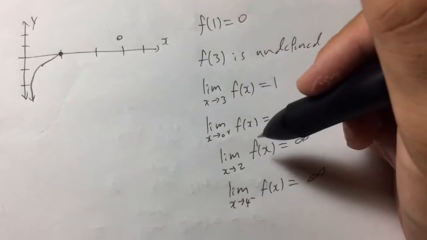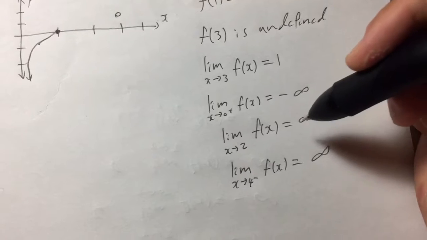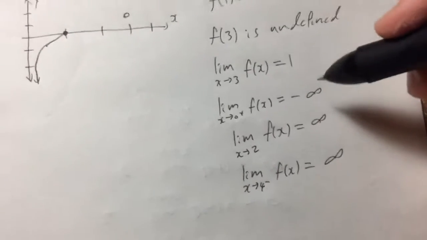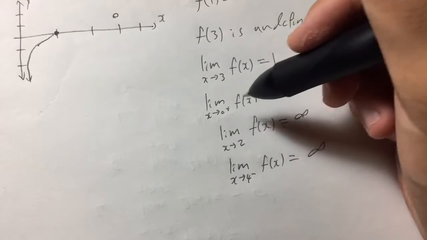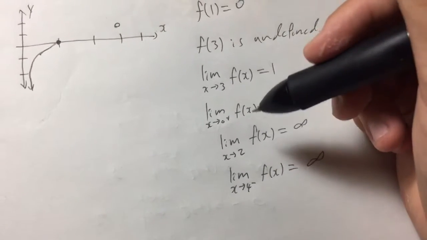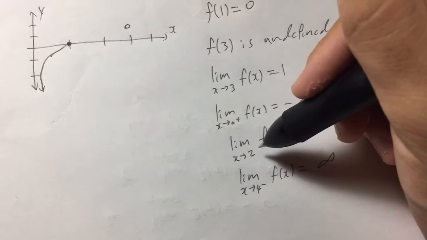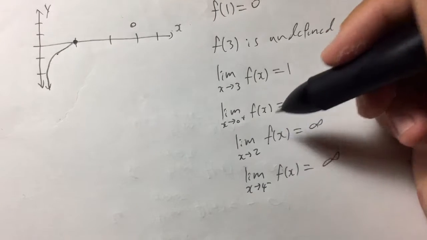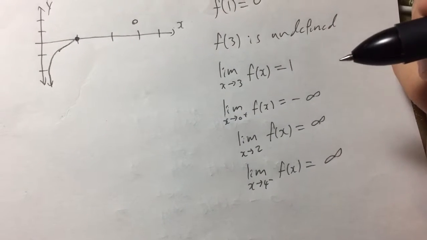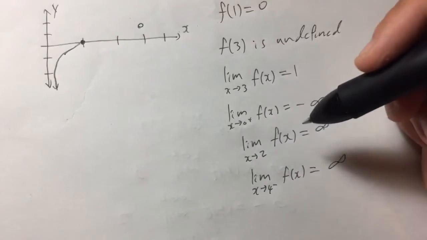So our fifth condition states that the limit as x approaches 2 of f of x is equal to infinity. Over here we notice that unlike the other conditions, this limit is neither just a right or left hand limit, but it's the limit from both the right and left hand.